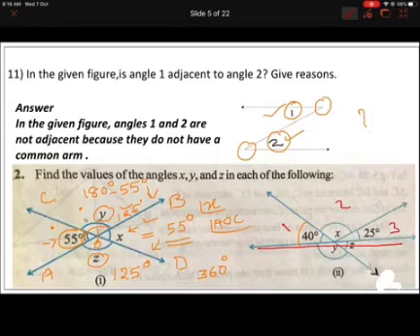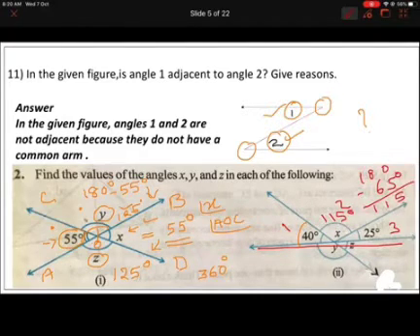Out of the 3 angles, 2 you have, that is 65 degrees. The remaining is 180 degrees minus 65. So what is the measure of angle x? It is 115 degrees. That is one way of finding.